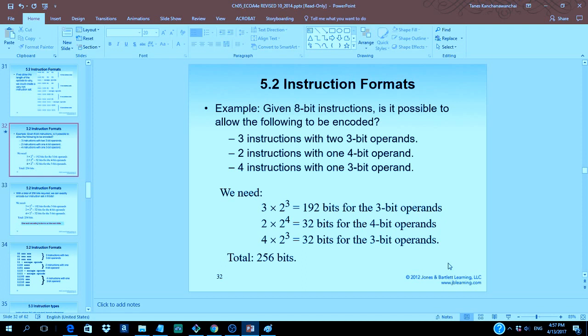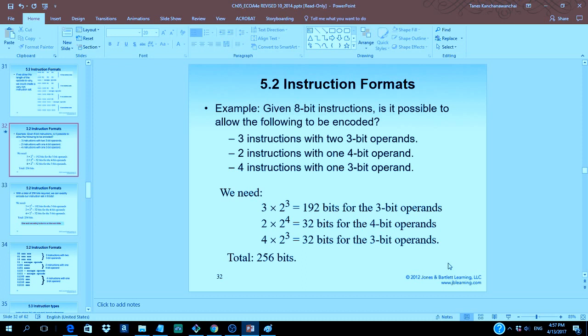So we said 8-bit, right? Let's see here. Okay. 1, 2, 3, 4, 5, 6, 7, 8.